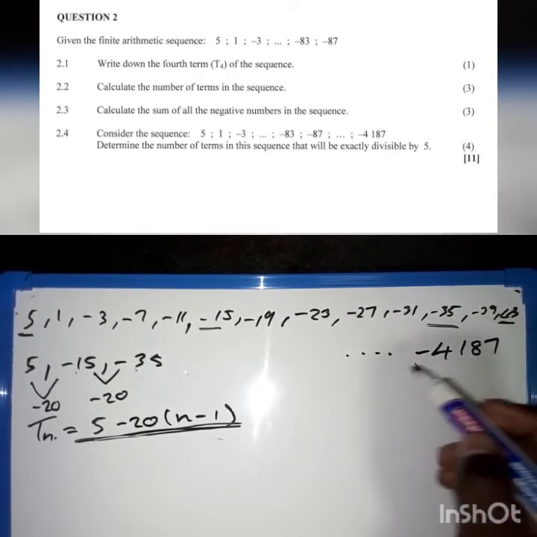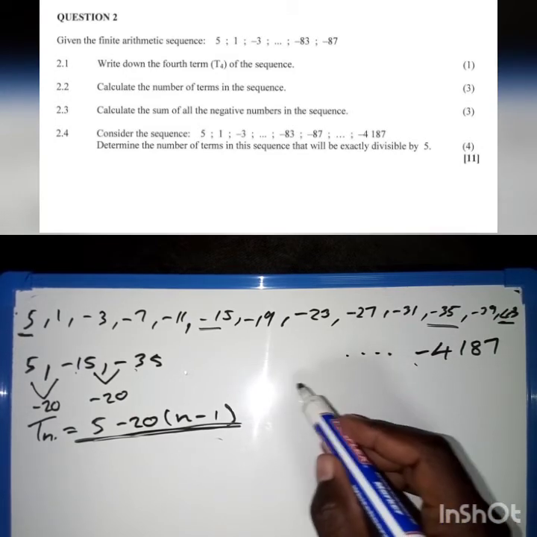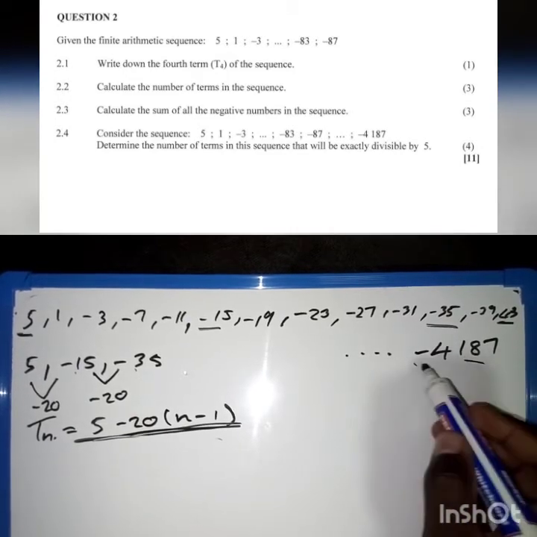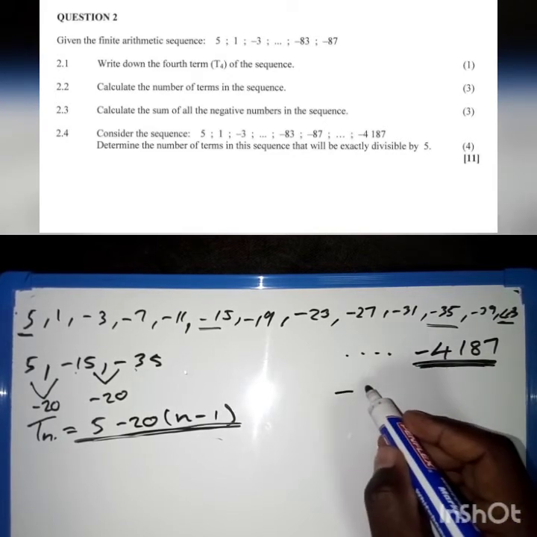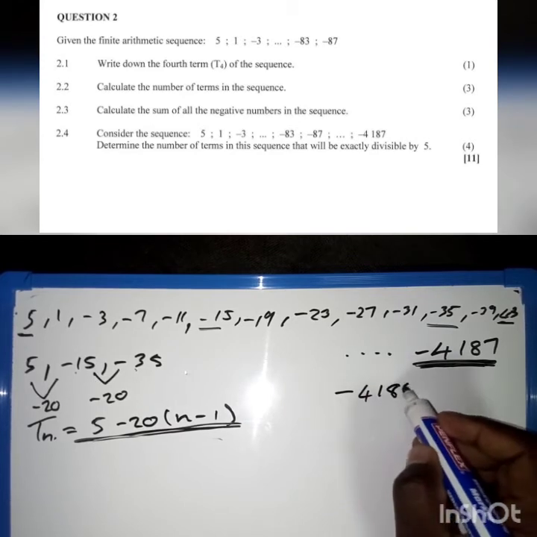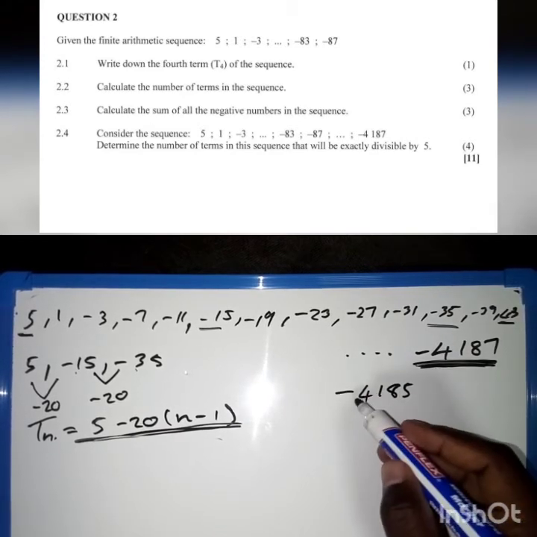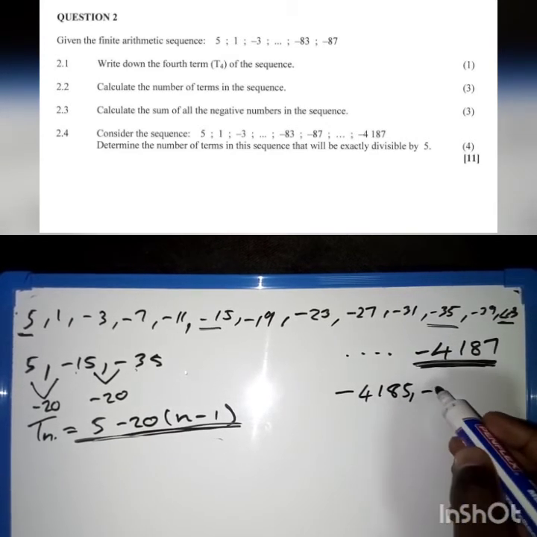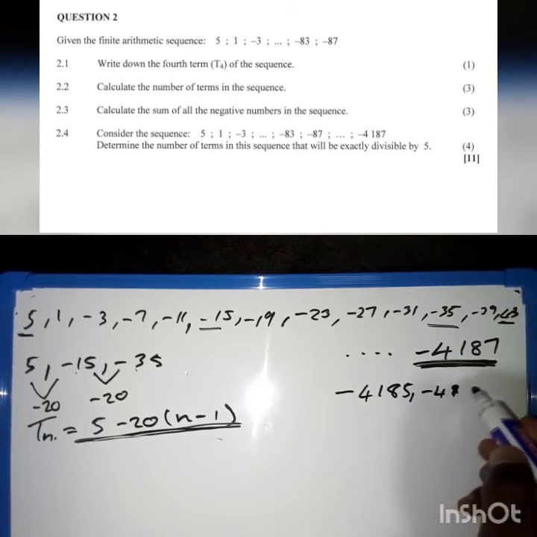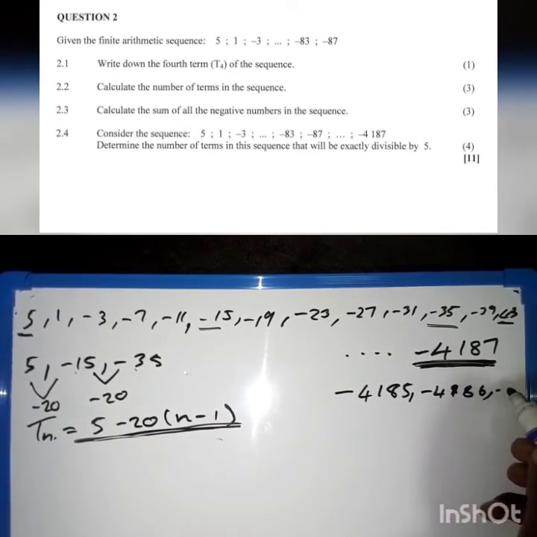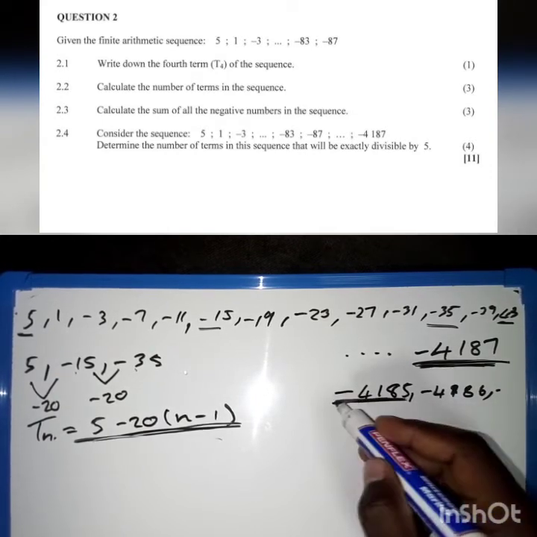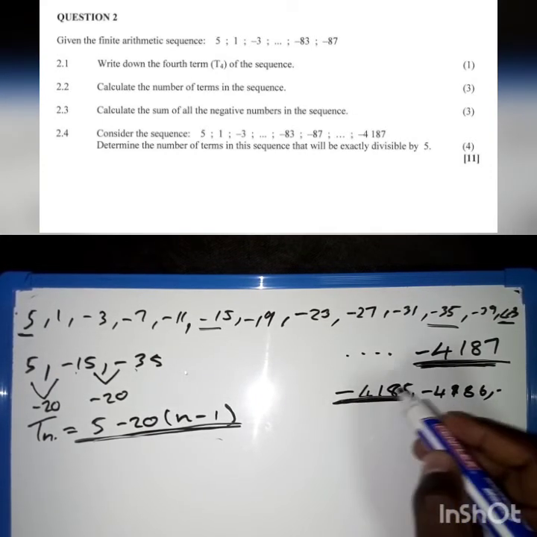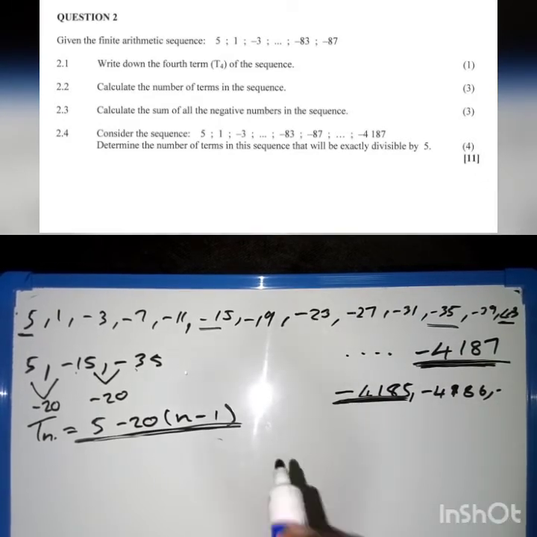If I keep counting, the first number divisible by 5 that's close to this number here will be -4185. Because if I keep counting, I'll say -4185, -4186, -4187. So the last number to be divisible by 5 is -4185, right? So that's the last number.